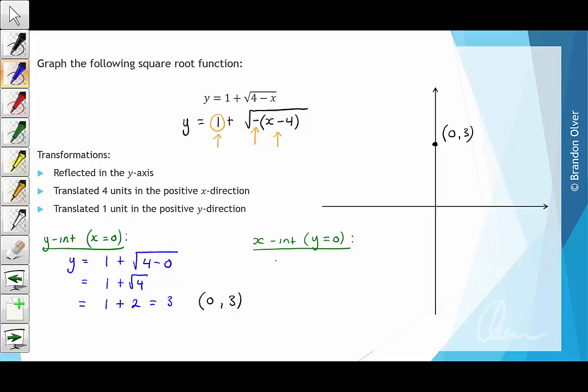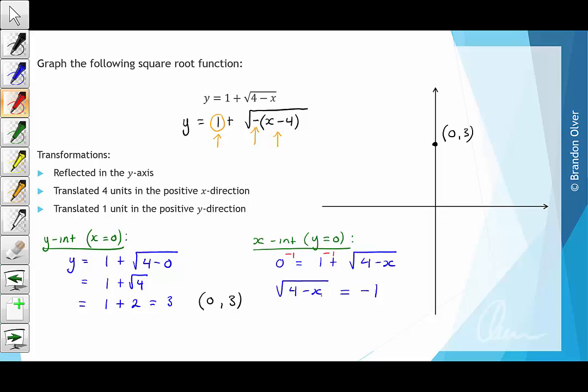Next we check for x-intercepts by letting y equal 0. So if we do that, we get 0 is equal to 1 plus the square root of 4 take x. Subtracting 1 off both sides gives the square root of 4 take x is equal to negative 1. And now there's no value that we take the square root of that we get back to negative 1.